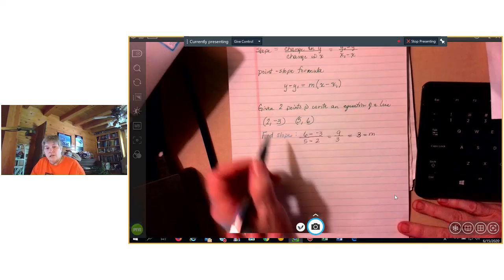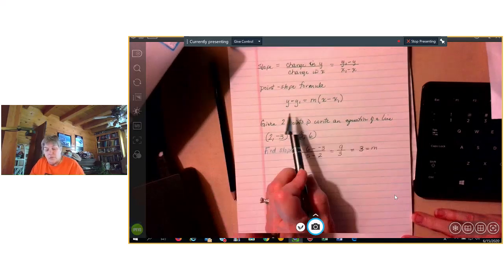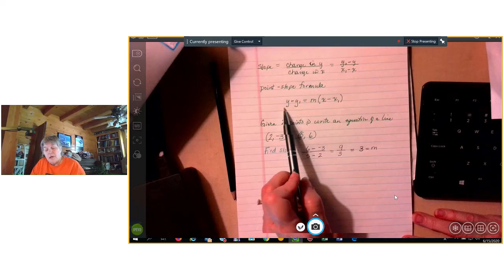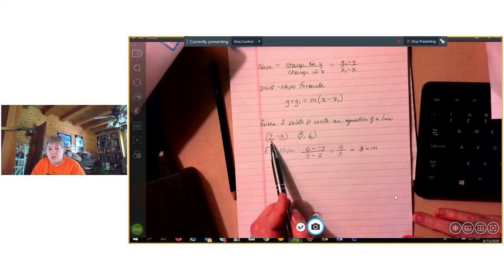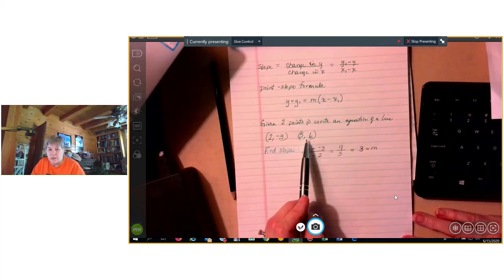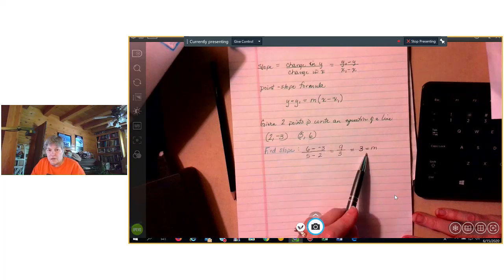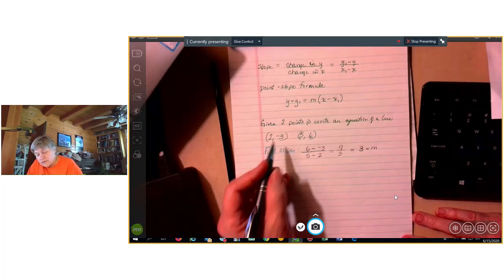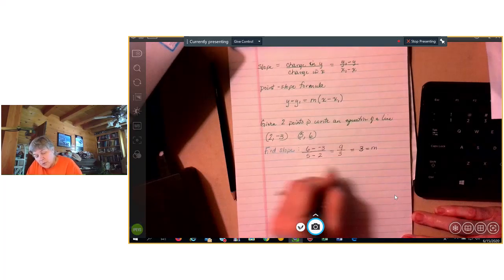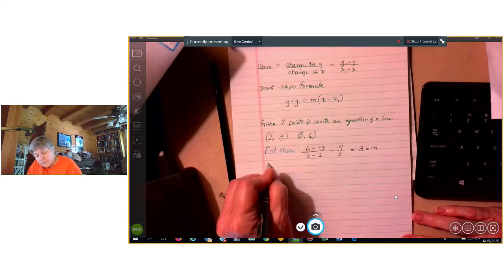And then we're going to come back to the point slope formula, because not only do I have 1 point, I've got 2 points. So I can choose this point or this point and then use my slope to find the equation of a line using the point slope formula. So let's say that I use the point 2, -3, and my slope is equal to 3.